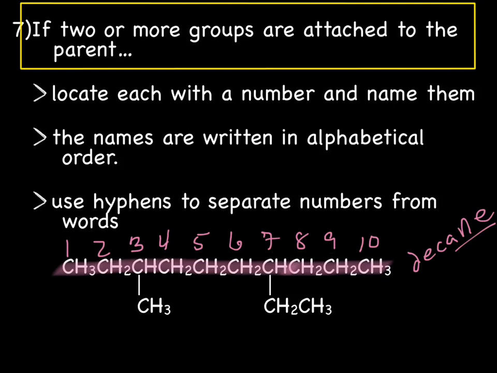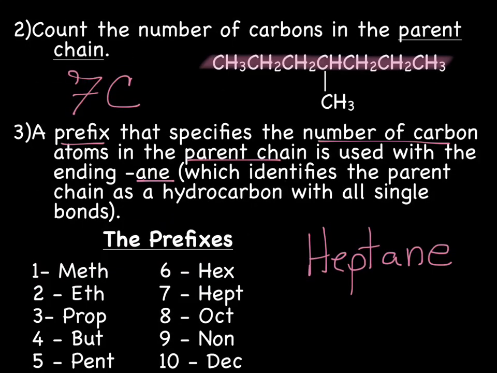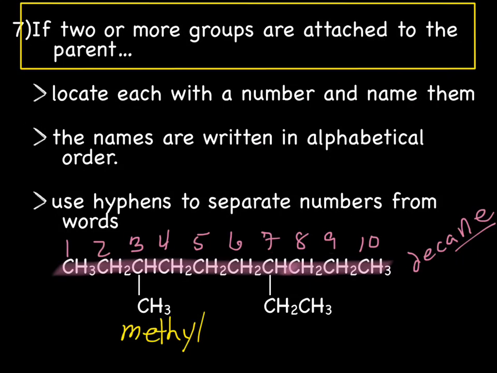It has 1 carbon. So it's going to be a meth, and it's a branch, so it's a methyl. And what's the name of a chain with 2 carbons? 2 carbons is an eth. So this is going to be eth, branch, so it's ethyl.